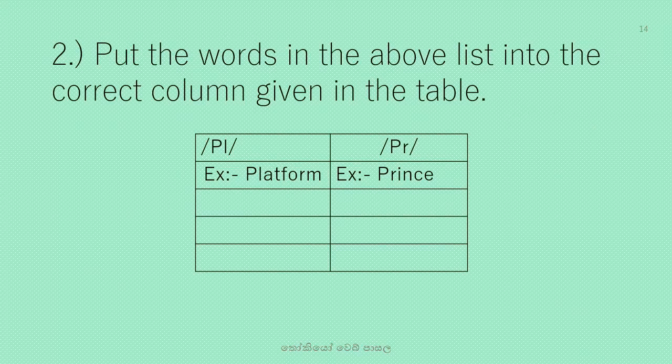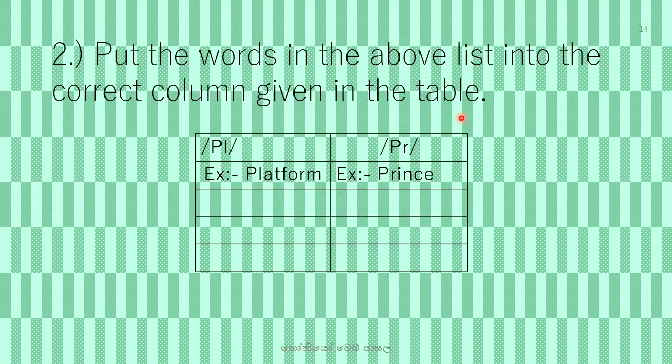So now we will move on to an activity where you need to do some work. If you look into the second part of the activity, you will see: put the words which were given above, the words which we read a little while ago in the above list, into the correct column given in the table.